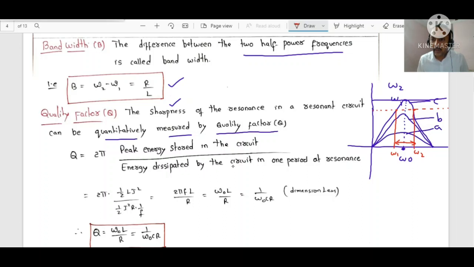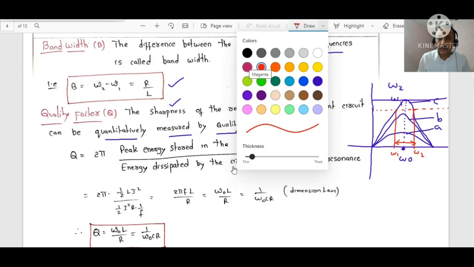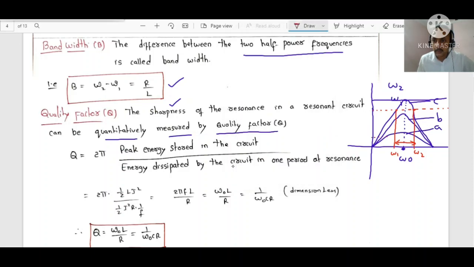Low. But observe graph A, if it is very, very flat like this, for curve A this is the maximum value. The resonant frequency is the same here. But maximum value divided by root 2 is somewhere here.